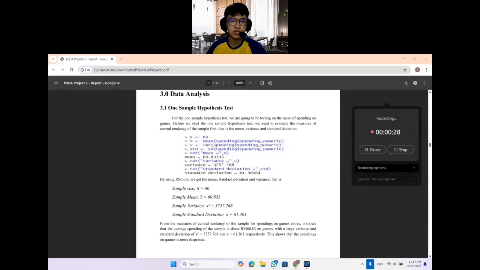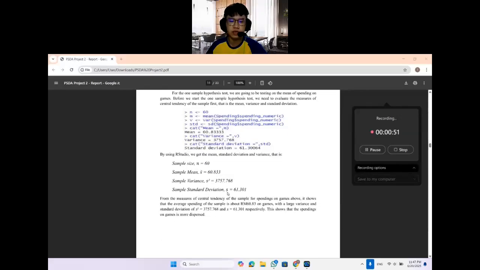We can see this in R Studio. We get the mean, standard deviation and variance. The sample size N is 60, the sample mean is 60.833, the sample variance is 3757.768, and the sample standard deviation is 61.301.